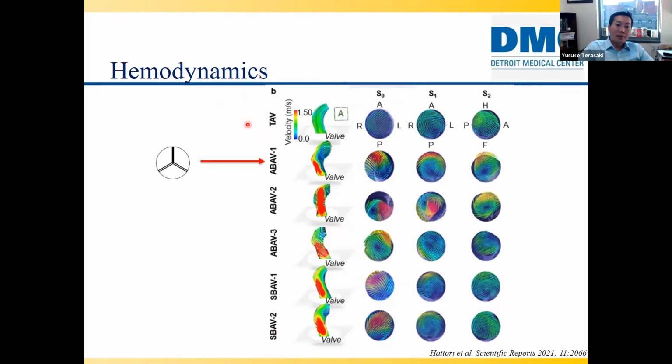For the tricuspid aortic valve, which is the normal anatomy, you can see that there's good laminar flow. There's really no flow disturbance at all. This is the type 1, the most common type, the right-left fusion type. You can see that the flow is bumping right against that anterior ascending aortic wall that we commonly see during surgery. This is the right non-type, which is the second most common type of bicuspid valves.